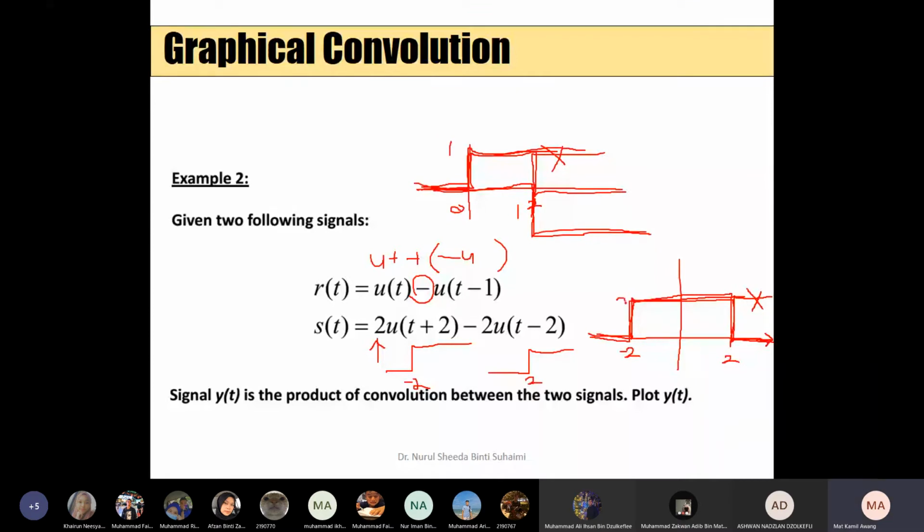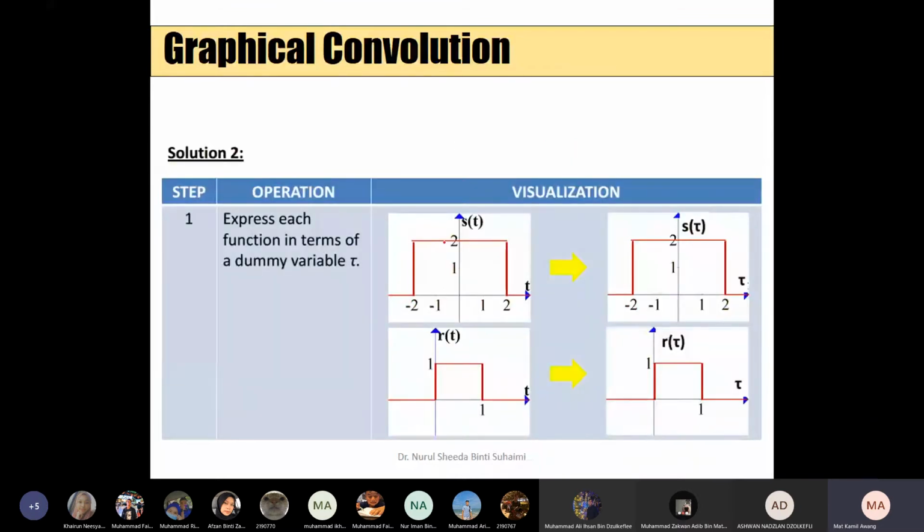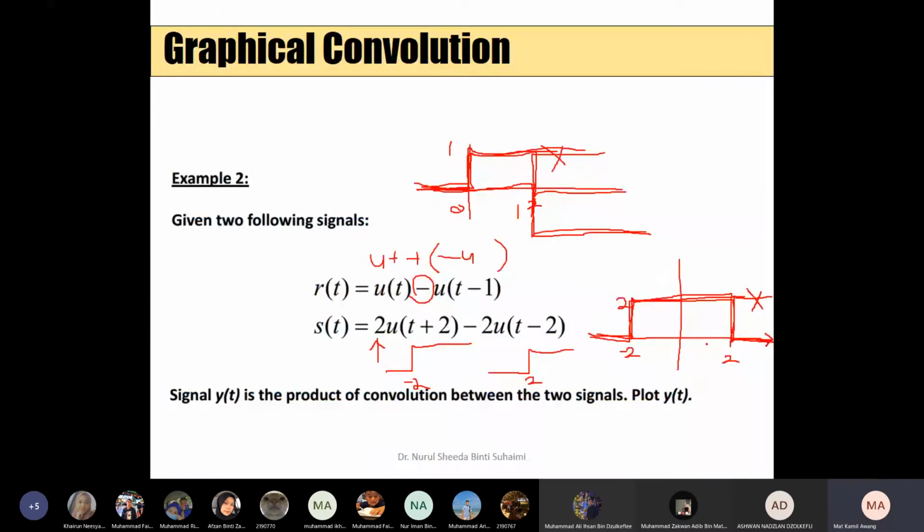This one is 2 minus 2, 2. That's why we have this minus 2 and 2 with an amplitude of 2. And this r of t is from 0 to 1 with an amplitude of 1. So I just drew this already.